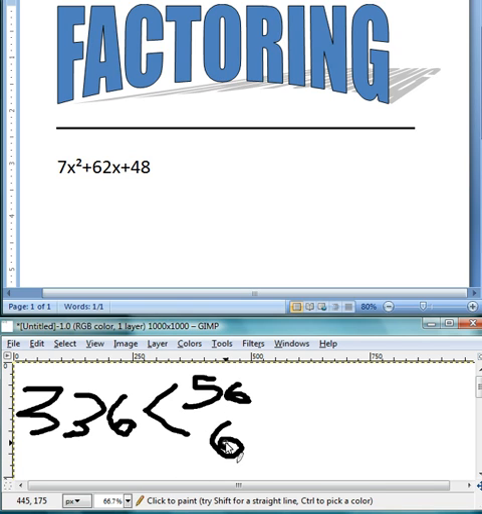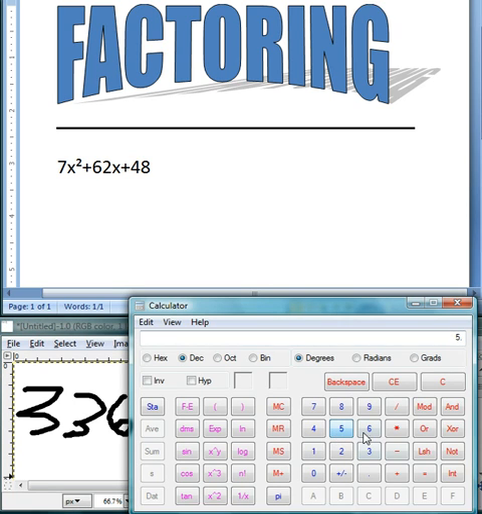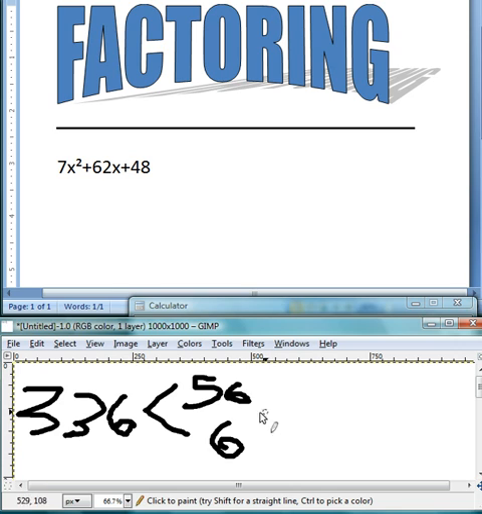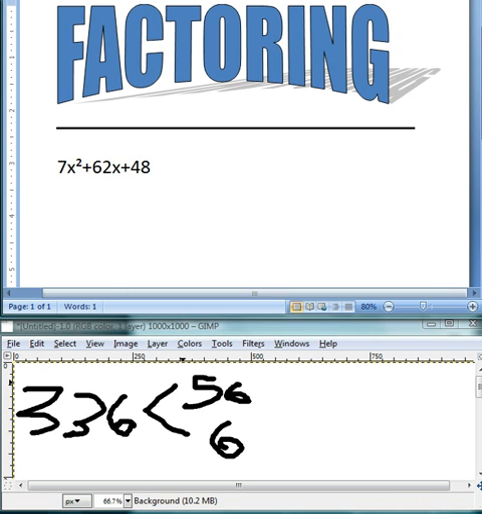So 56 times 6 equals 336, and 56 plus 6 equals the 62x. So now you can write it out like this.